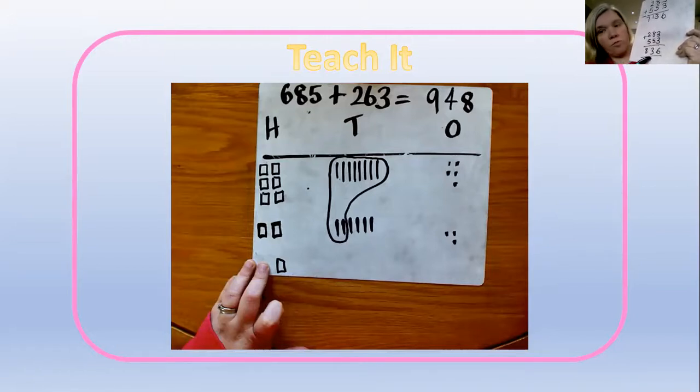So I've got my 3 here for my 3 tens, and I've had to exchange 10 tens for a 100. So the answer is 836. But can you see how by making that small mistake here, it gives you a very different answer?